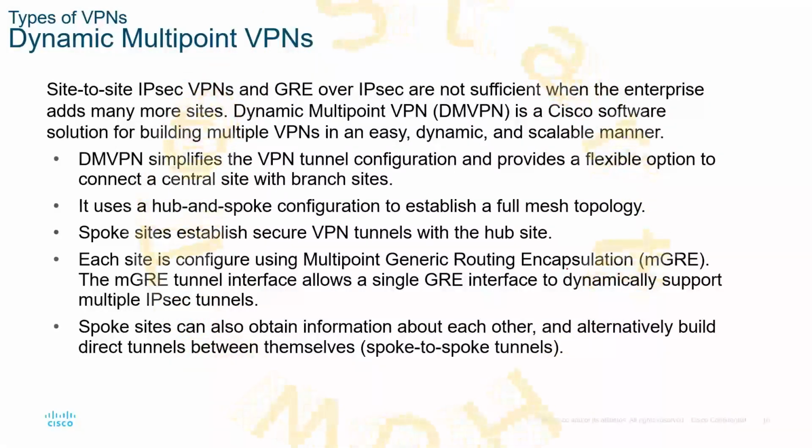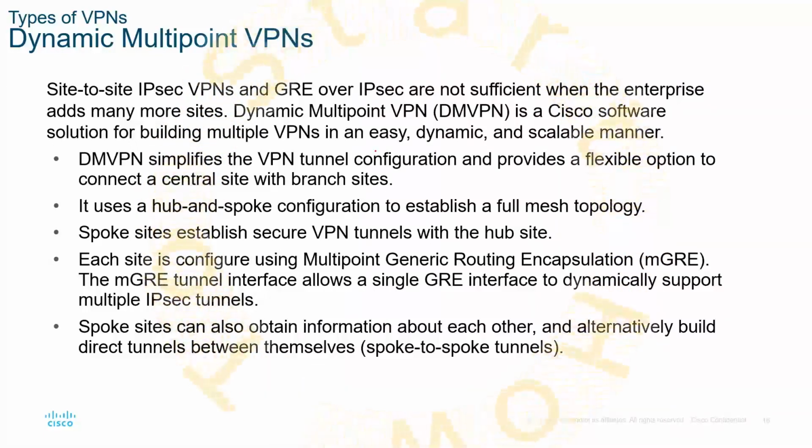We also have what's called Dynamic Multipoint VPNs, or DMVPNs, and this is part of the Cisco software solution for building multiple VPNs in an easier, more dynamic, and more scalable manner. It does use hub-and-spoke technology. It also uses what's known as multipoint GRE, or mGRE. The mGRE tunnel allows for a single GRE interface to dynamically support multiple IPsec tunnels.